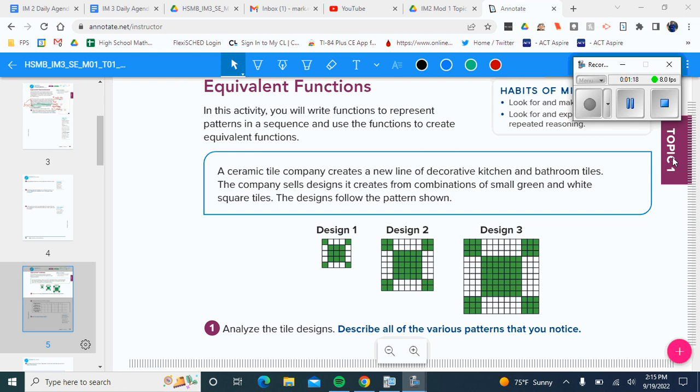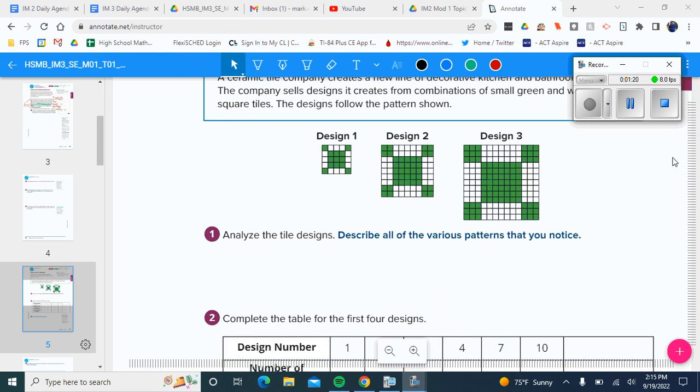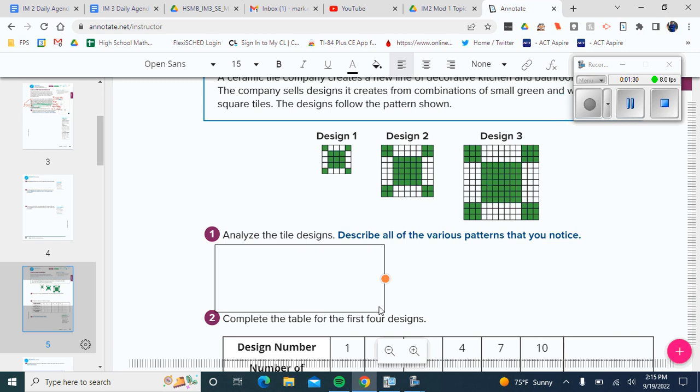There are 3 things going on here as it relates to problem 1, analyzing the tile designs. There is a pattern for the center gray square.